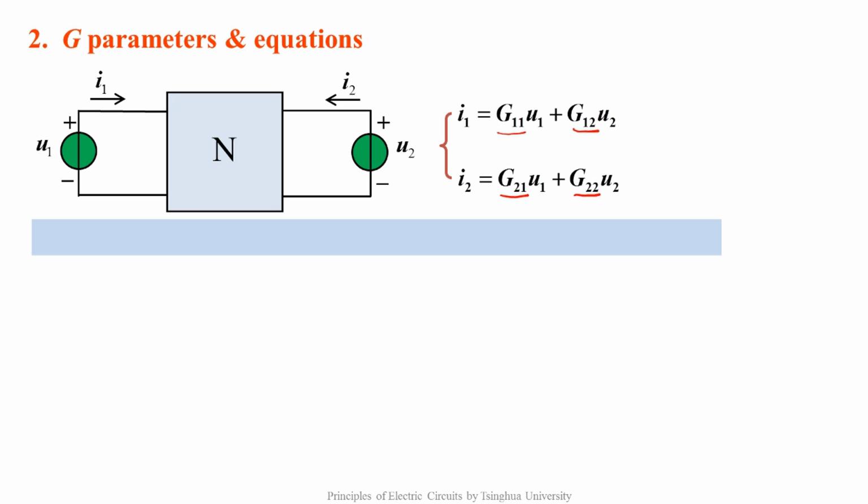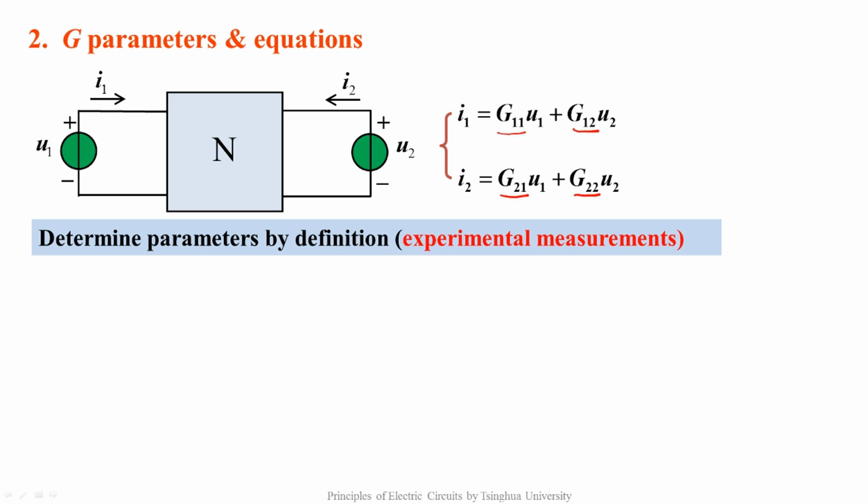In fact, one important reason for learning the parameter of the two-port is that for a complicated network, its parameters can be measured by experiments. Now let's see how to determine the parameters by experimental measurements.